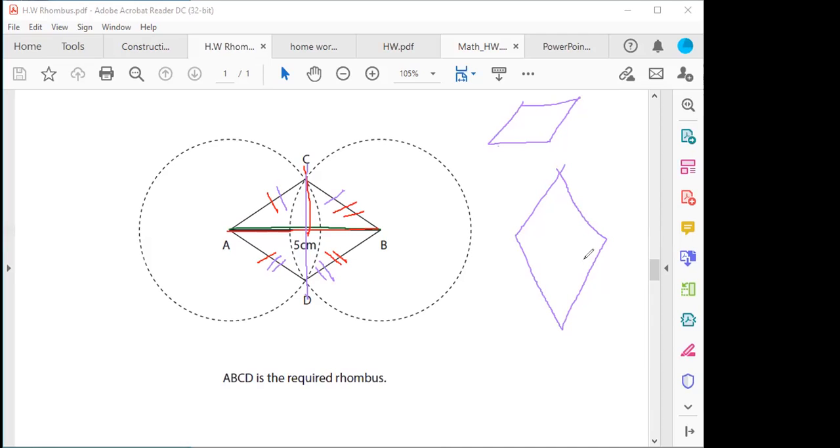Okay, let me clear. Okay, now one more thing, very important thing. Is the name of this rhombus ABCD?